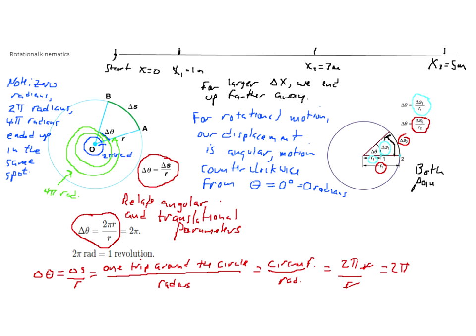So both points, 1 and 2, are going pi over 4 radians, even though delta S1 is less than delta S2.